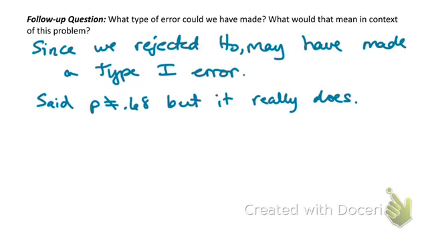So again, this leads me to the question: if our proportion at Boyd is not equal to 0.68, well then what is it? So there's something very special about a two-sided hypothesis test.